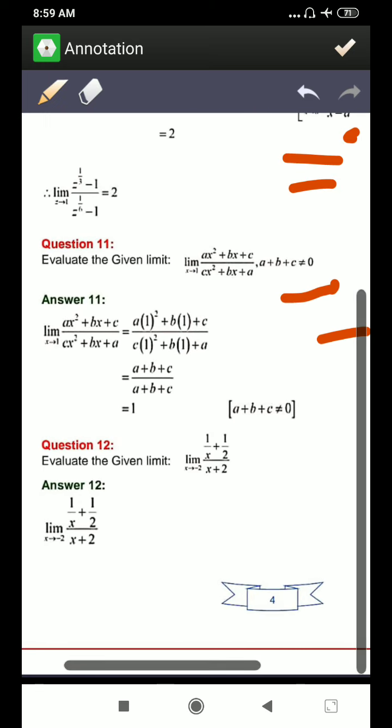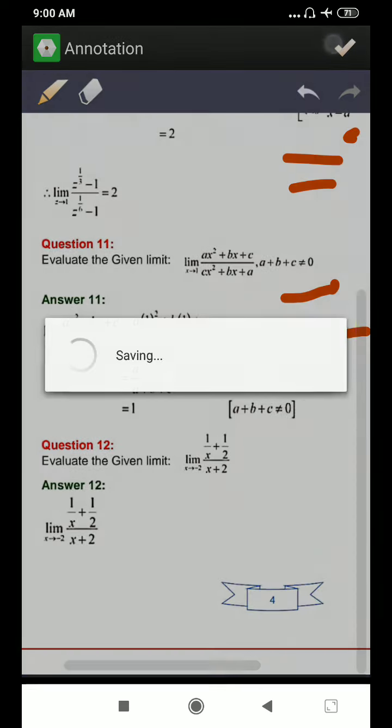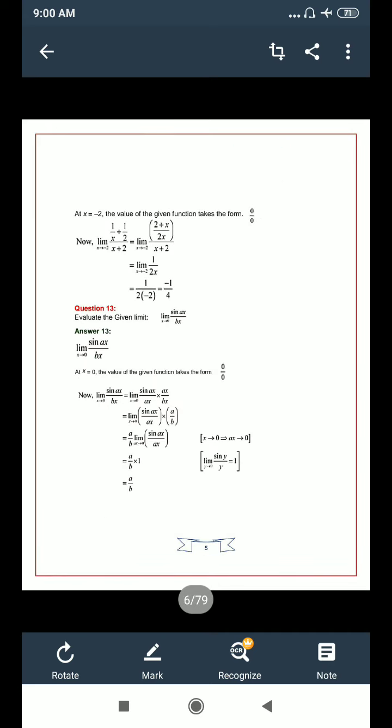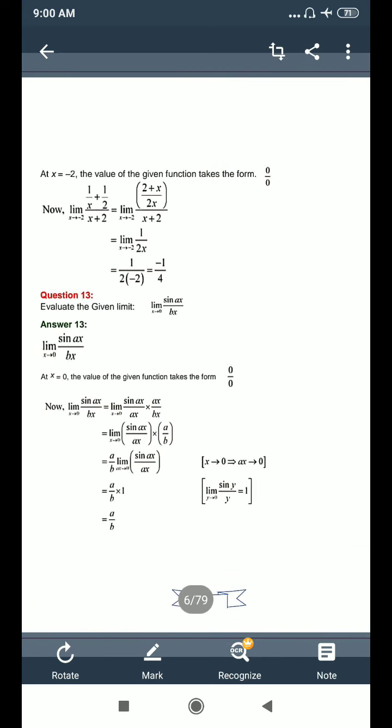Limit x tends to minus 2, (1 upon x plus 1 by 2) upon (x plus 2). Again, this is 0 by 0 form. If we replace x by minus 2, numerator is 0 and denominator is 0.